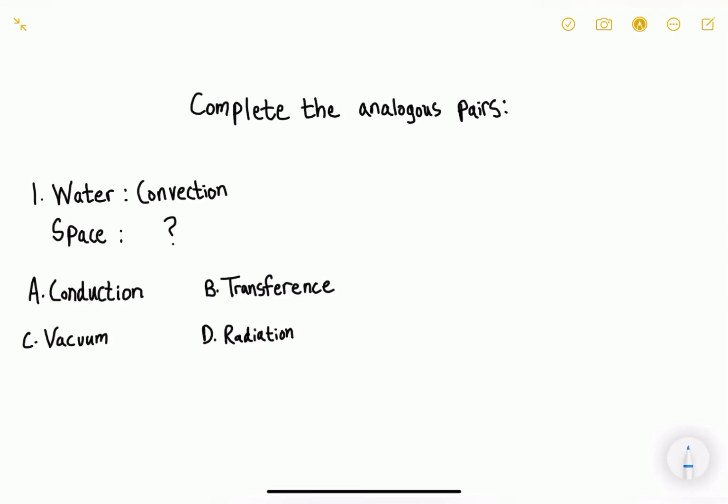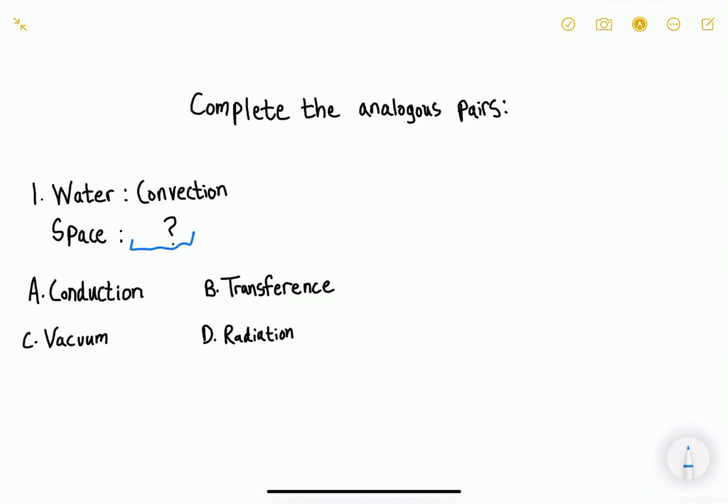Okay, so it says water, convection, space, question mark. We are supposed to identify the relationship between water and convection and find the blank. So we know that convection is a mode of transference of heat, meaning we're supposed to look for a mode of transference of heat.